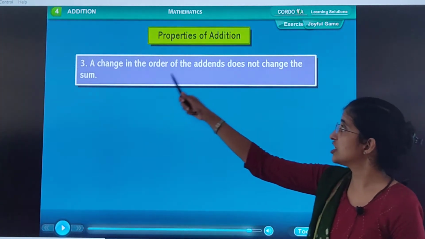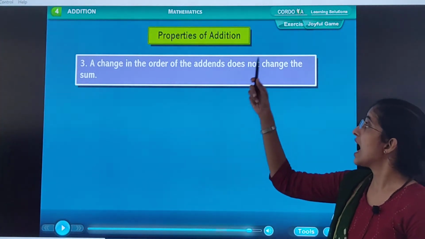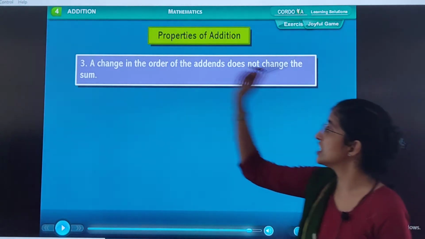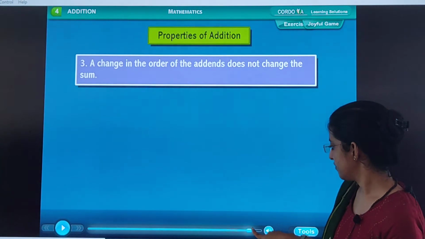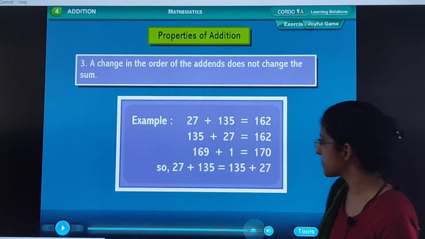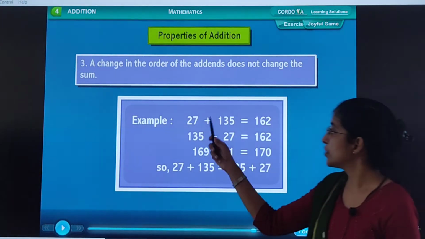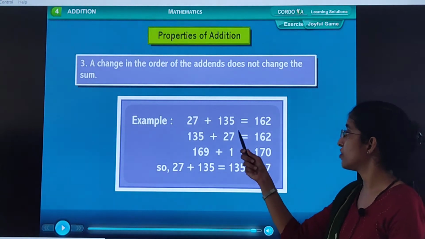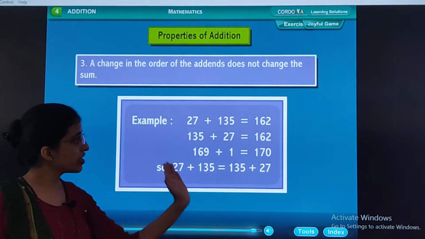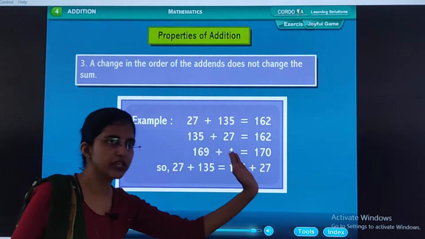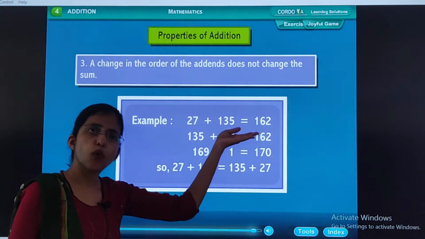A change in the order of the addends does not change the sum. We will understand this by an example. See, 27 plus 135. What we get? We get 162. Or if we add 135 plus 27, we will get 162.